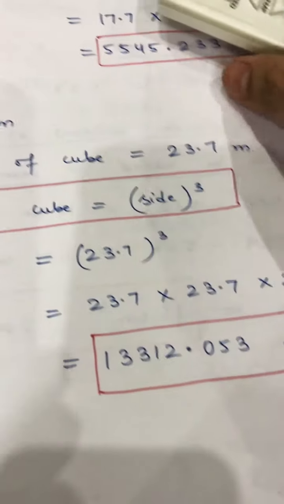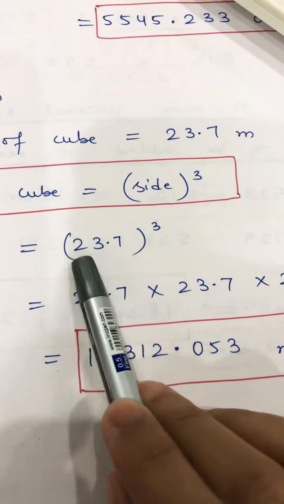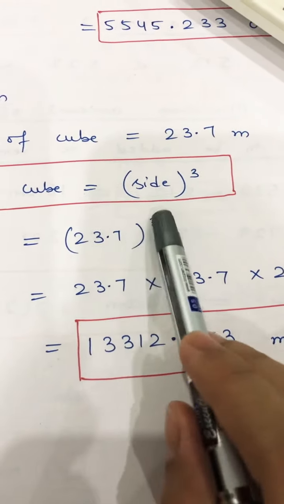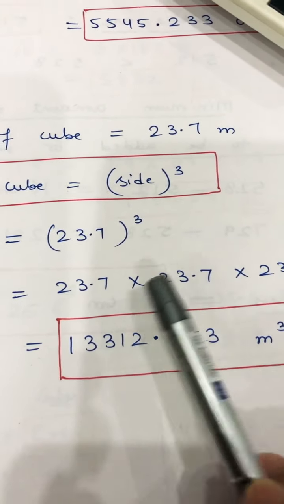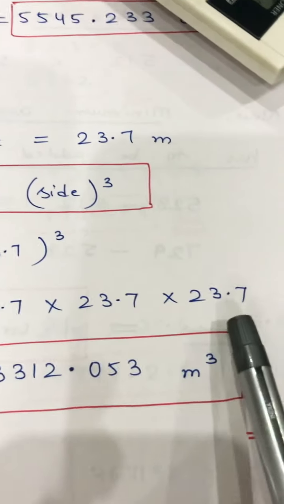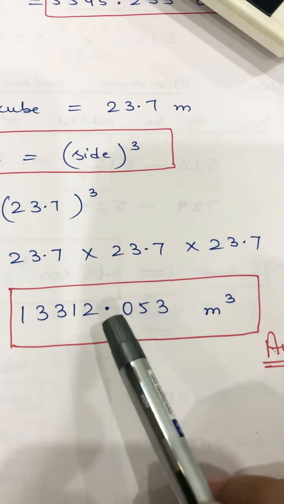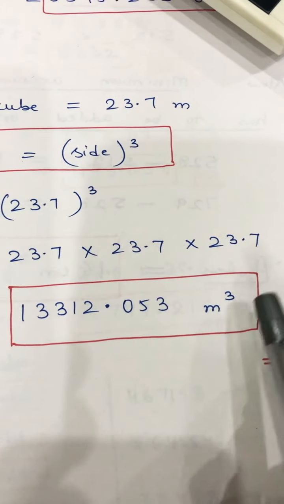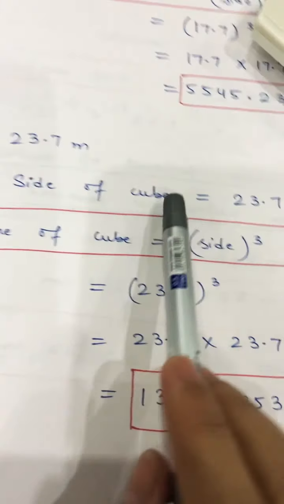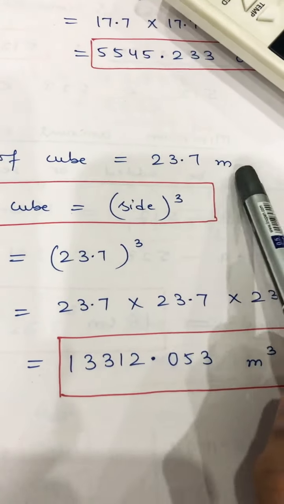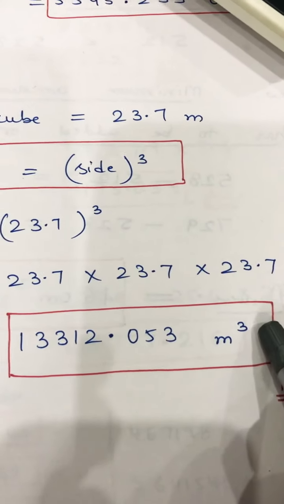So now you have to put the value of the side, that is 23.7 raised to power 3. 23.7 multiplied by 23.7 multiplied by 23.7 is equal to 13312.053 meter cube. Why meter cube? Because the side is given in meter, so when you take out the volume of the cube, your units will be meter cube.